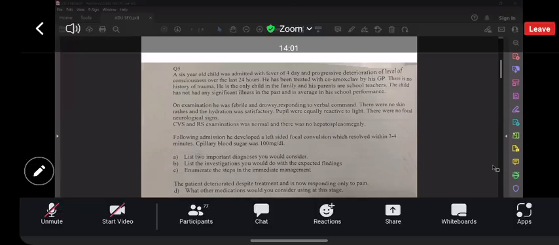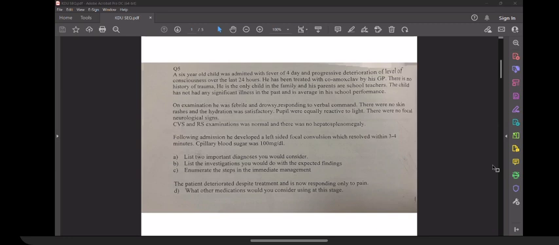But in a viral meningoencephalitis, or viral encephalitis, you may not see any elevation in the proteins.